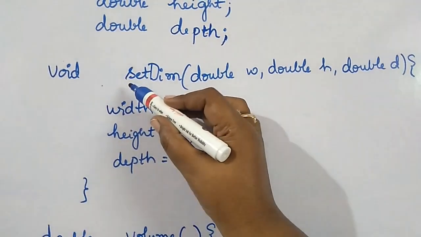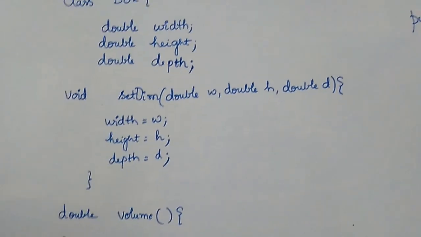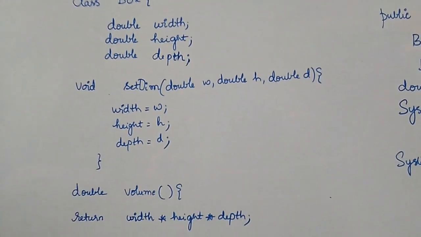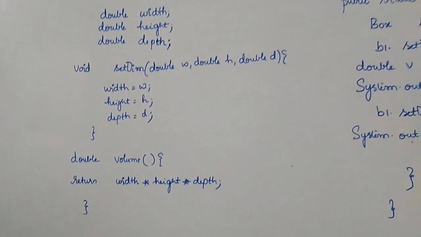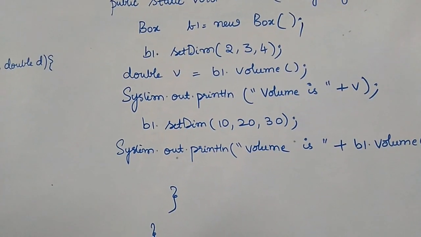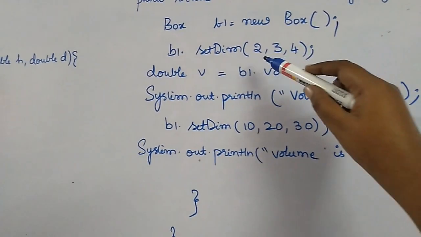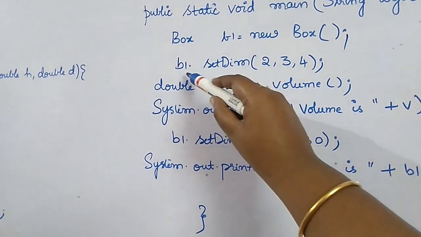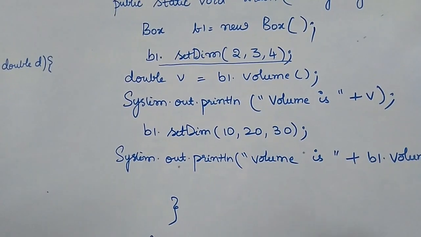The name of the method is setDimension, and this is just setting the dimension values of width, height and depth. So we'll see how to call it. Rather than initializing through a constructor, we are having a method setDimension, and by this method we are making a call by passing the parameters over here.